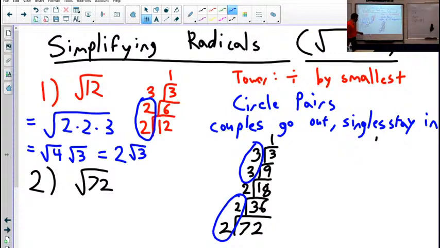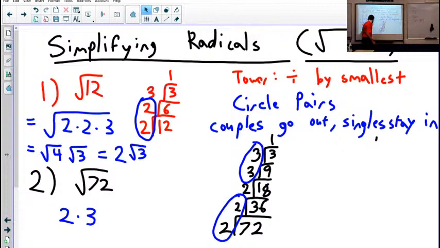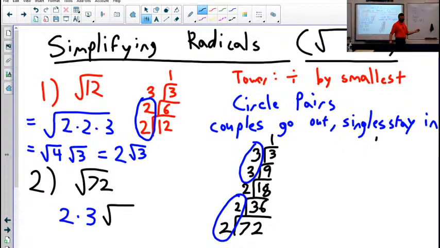So outside the square root, I have a pair of 2's, so I'm going to write a 2 outside the square root. I've got a pair of 3's, so I'm going to write a 3 outside the square root. And inside the square root, I've got a 2. It doesn't have a pair with it, so it's going to go inside the square root.